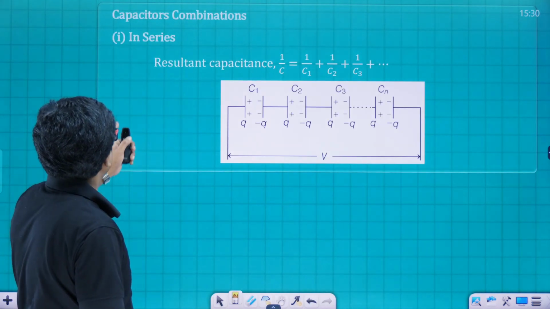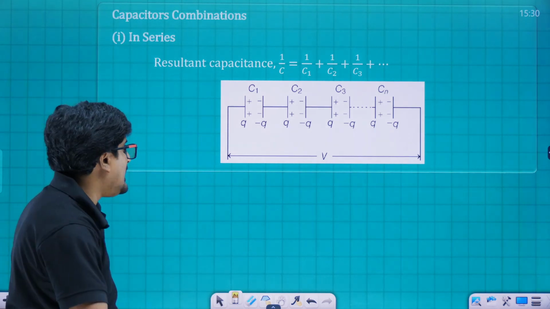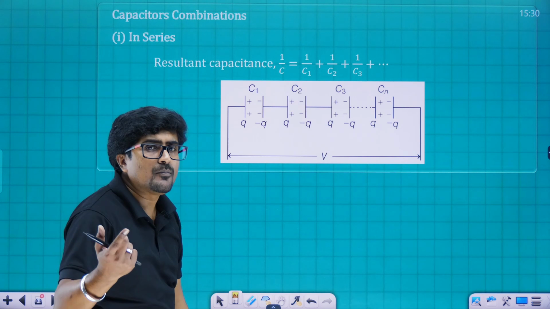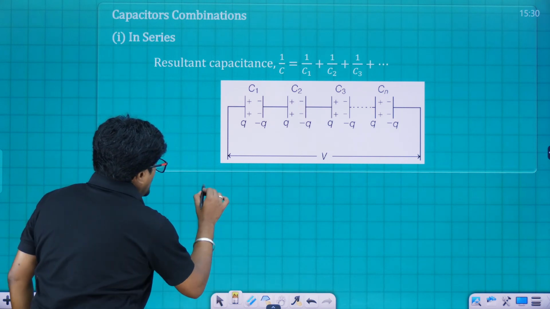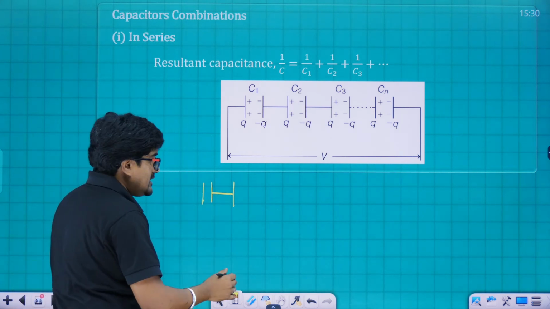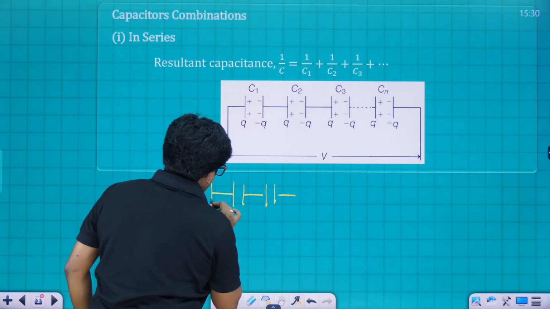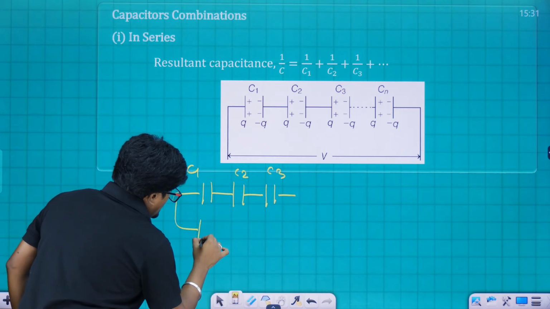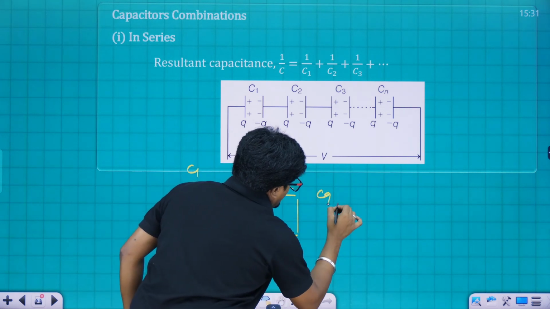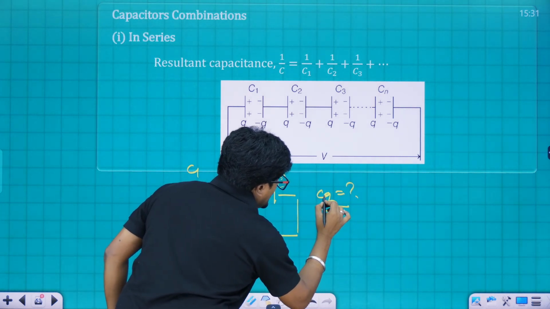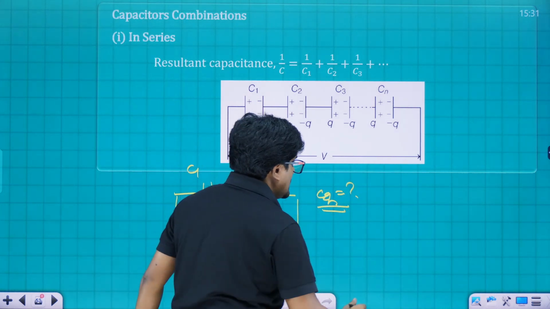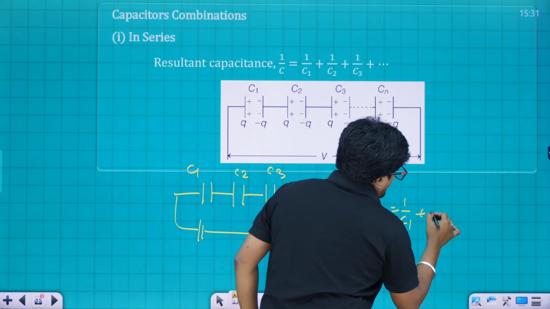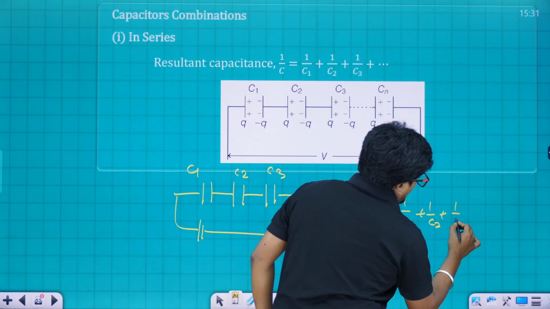Alright, now next is combination of capacitors. Here I am considering n number of capacitors. If I have capacitors of capacitance C1, C2, C3 like this connected in series, then the C equivalent is calculated as: in series combination, 1 by C equivalent is 1 by C1 plus 1 by C2 plus 1 by C3.